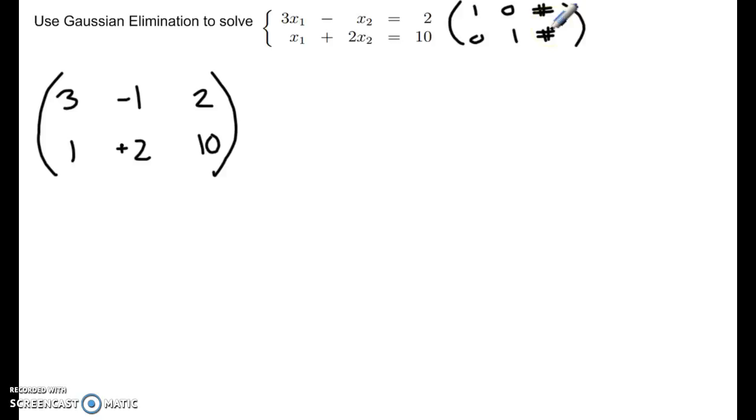All right, so first thing that I'm going to do is multiply the top row by 2. So I get 6, negative 2, and 4. And then the bottom one stays the same.